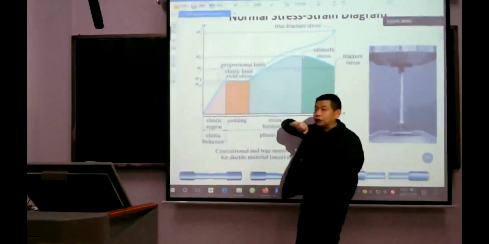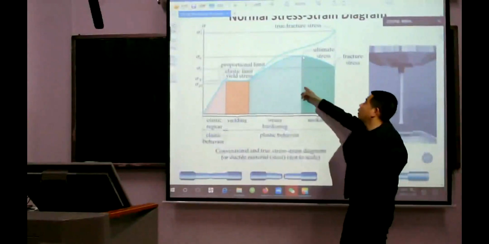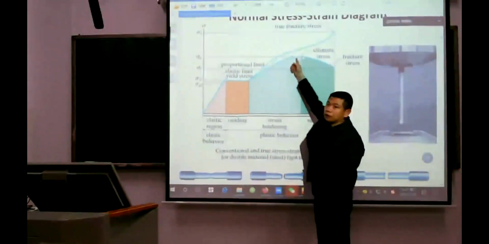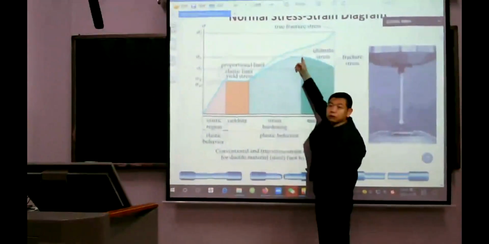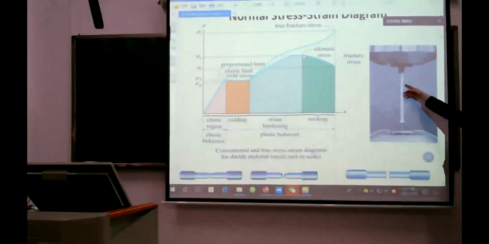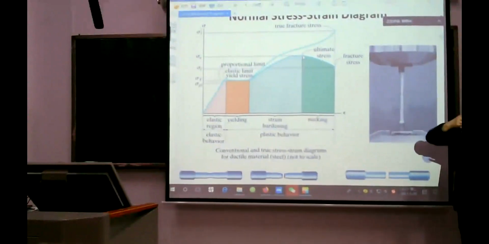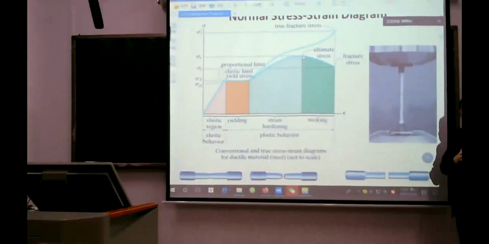It means after the curve comes to this point, some location of the specimen contracts.